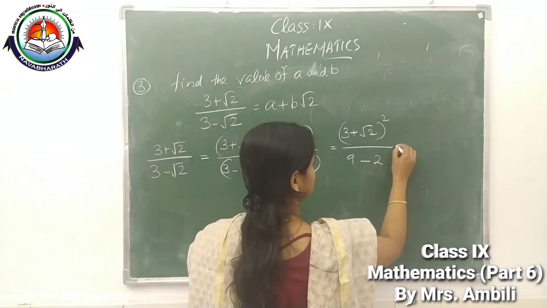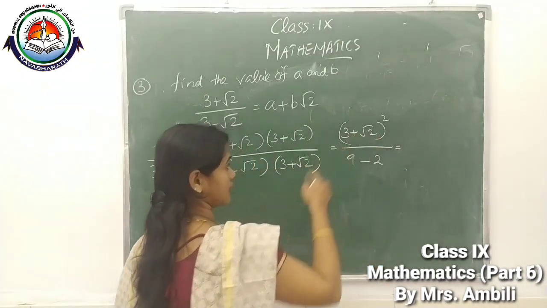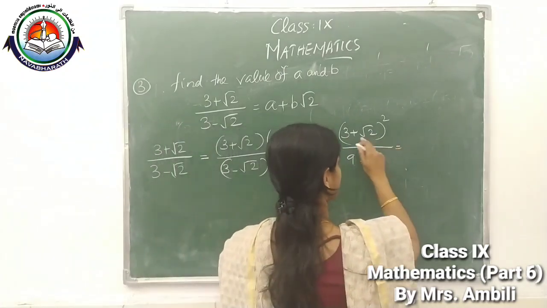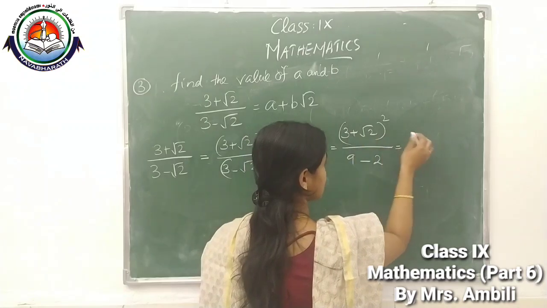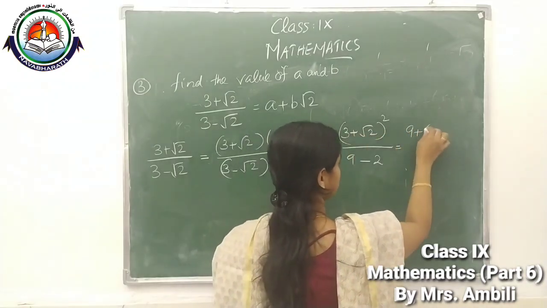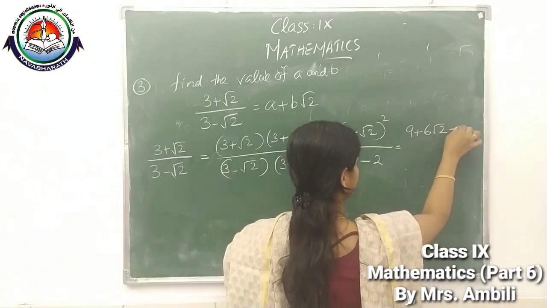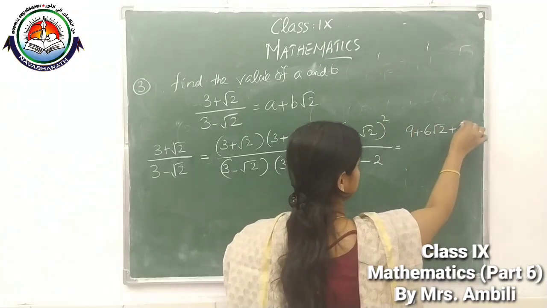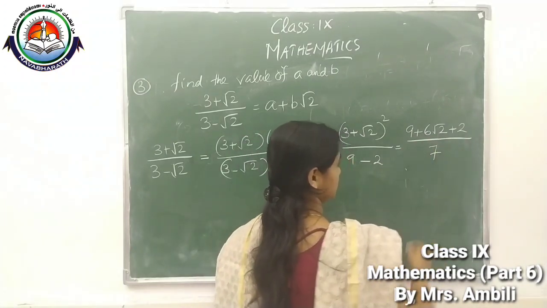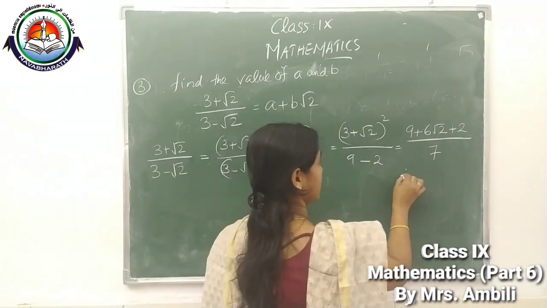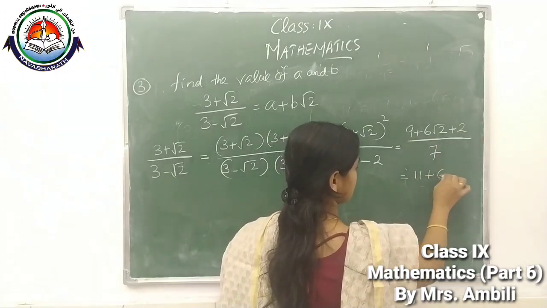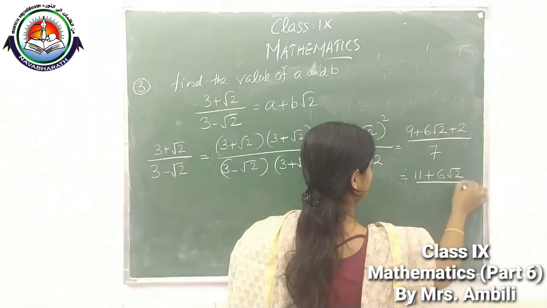Before that, we expand (3 + √2) whole square using the (a + b) whole square form: a square 9, plus 2 into 3, that is 6 root 2, plus root 2 square, 2, divided by 9 minus 2, which is 7. So we can write 11 plus 6 root 2 by 7.